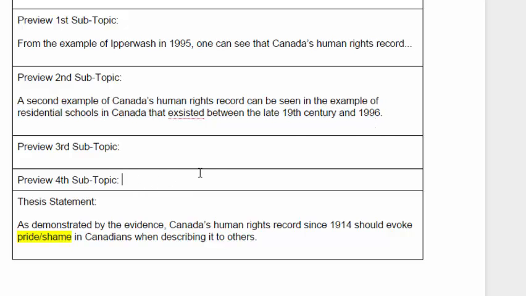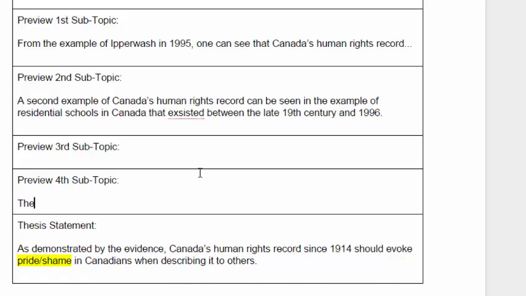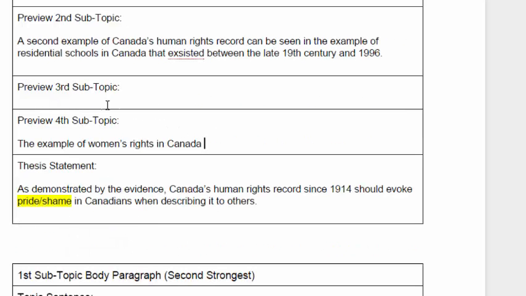So I would start with the example of women's rights in Canada, and then this is where we can loop in parts about these certain subtopics evoking shame or pride in us when we describe it to others.